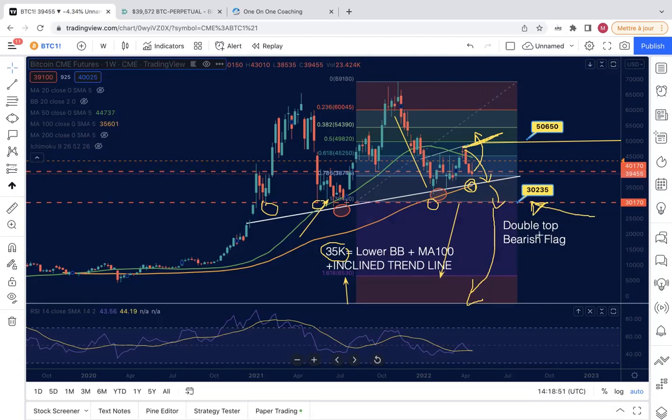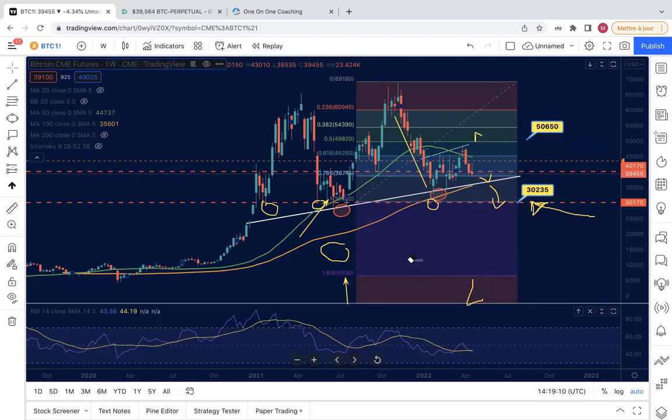Well, I will just tell you with the double top. In order to invalidate the bearish flag, the stock should go above the upper band of the bearish flag. So here 50,000, 51,000, let's say. How about the double top? Let's clean a little bit. Great.